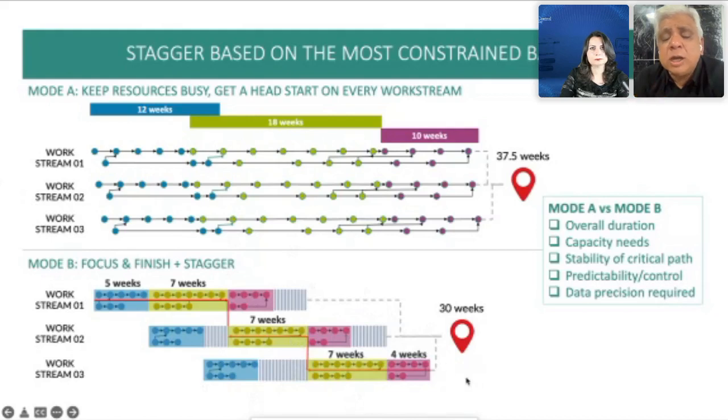And the other way to look at it is, if I am in a multi-project environment, then with the same amount of time, I could have done one more work stream, because 7 weeks later, I could have finished one more work stream. So I'm getting more work done with the same resources. So the quick answer is the costs are going to be less here, but I don't want to sound flippant.